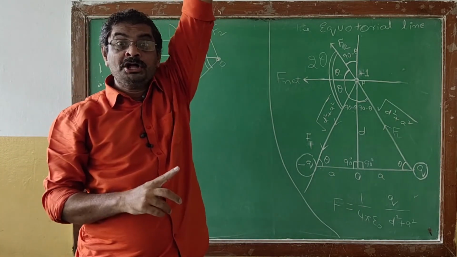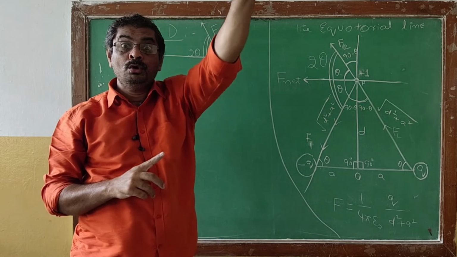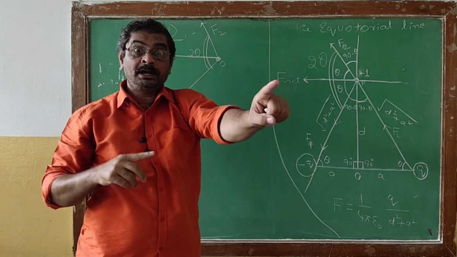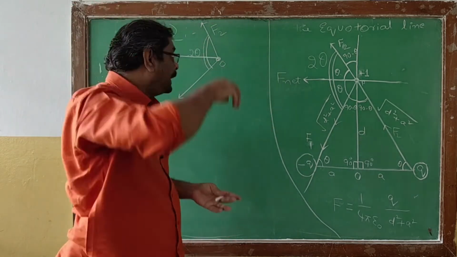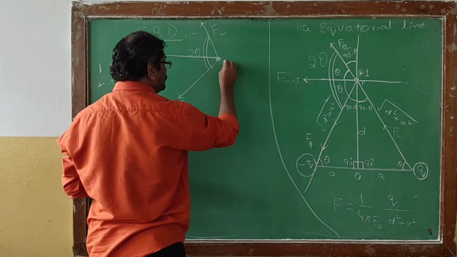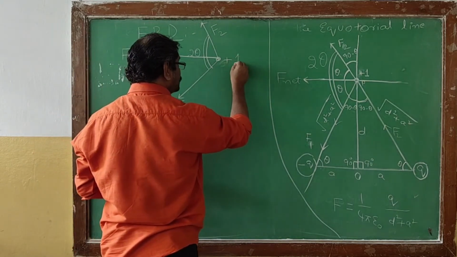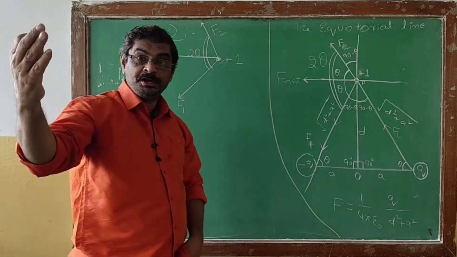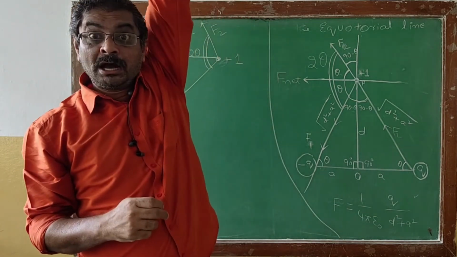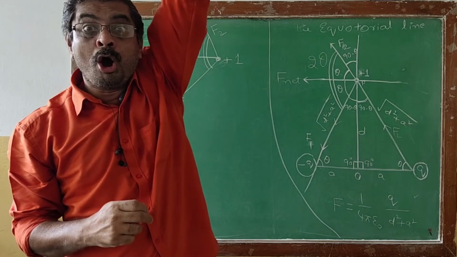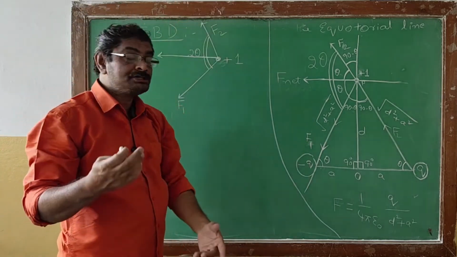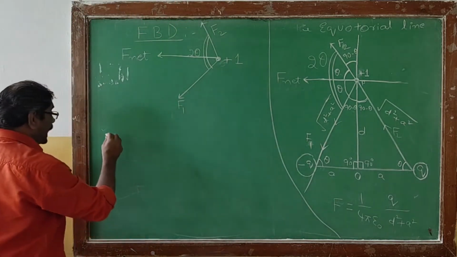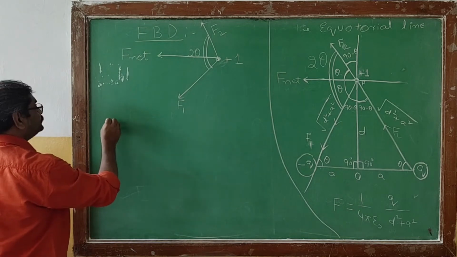So now the magnitude of the resultant force, or the net force, acting on the unit positive charge will be given by the parallelogram law of vectors. According to that, I can write.